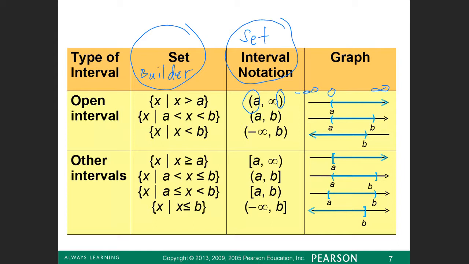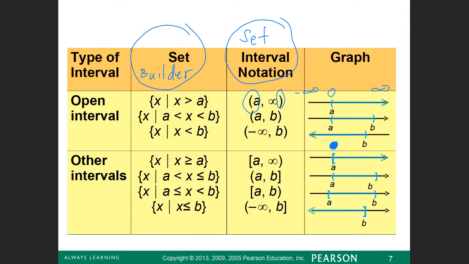For the square bracket, you can also use the shaded circle to replace the square bracket. So that's the symbol.